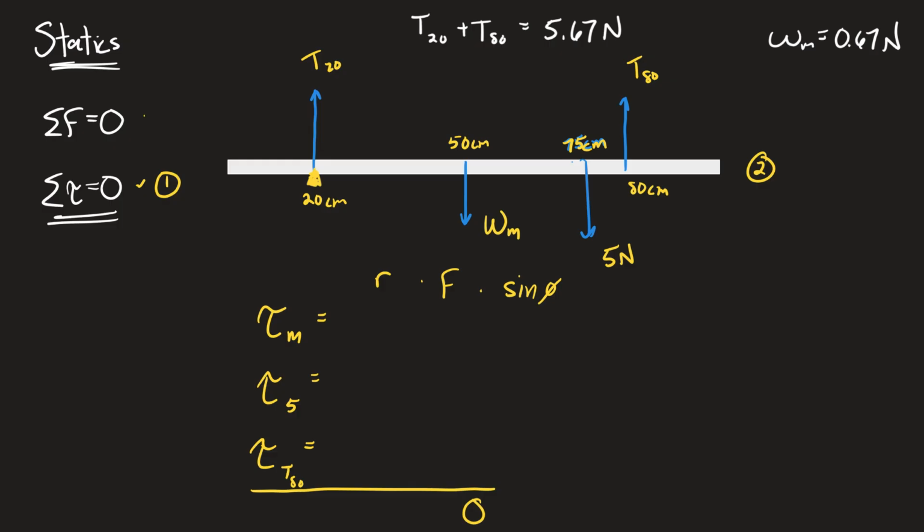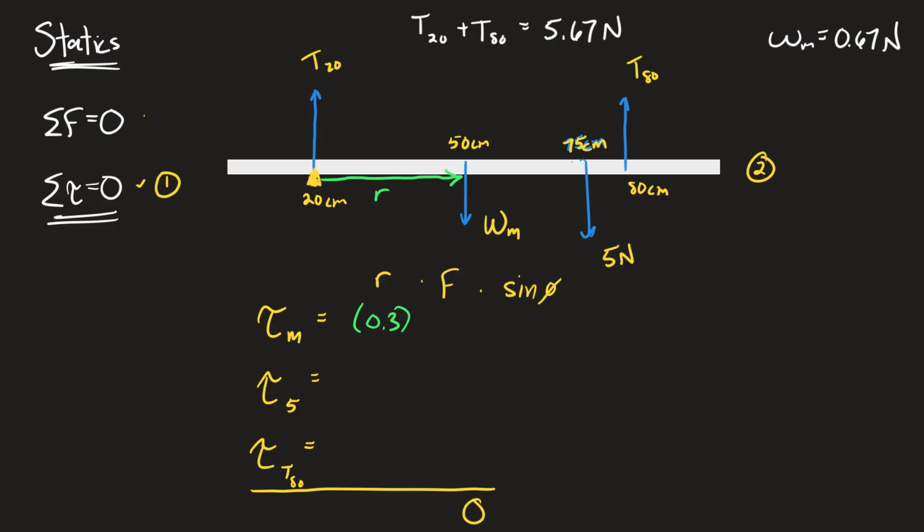To establish my first torque, my torque arm length is a vector that points from the pivot point to the point of application of the force. That's my torque arm length. For my first torque, the meter stick, that's going from the 20 centimeter mark to the 50 centimeter mark. That's a torque arm of 0.3.